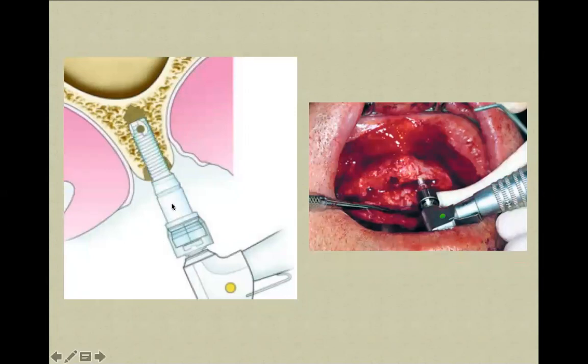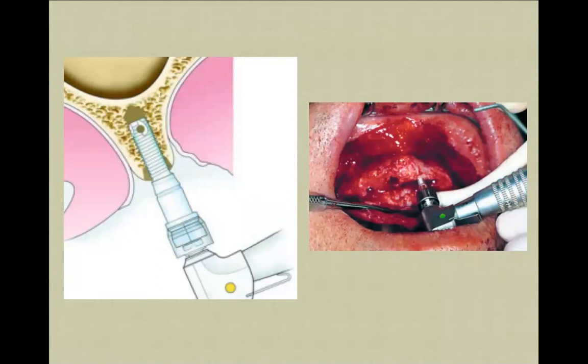And finally, you're taking your dental implant with the appropriate length and appropriate diameter. You can use a handpiece. You can do this manually. You can use special ratchets. This is a special device. And you're just making a very soft, very careful insertion of the dental implant into the bone.